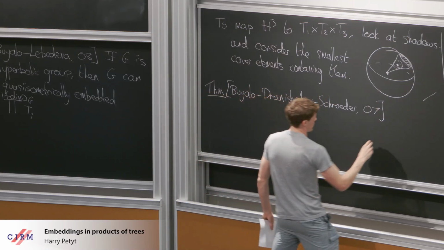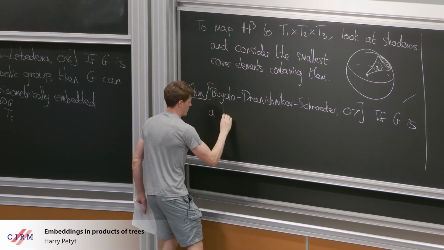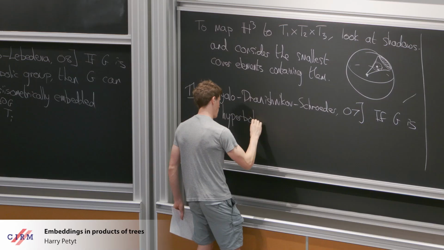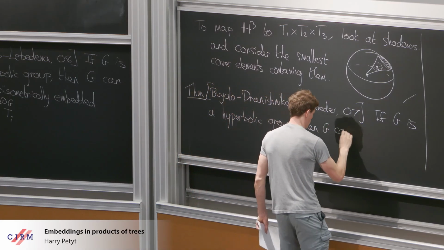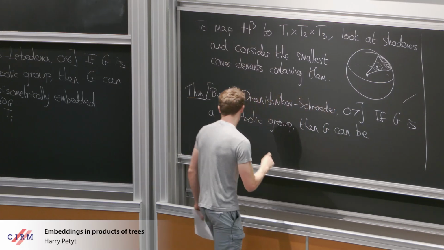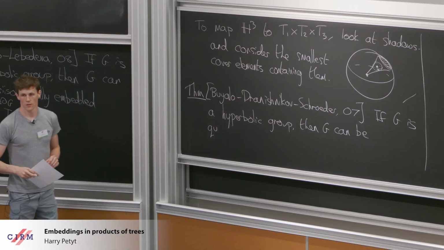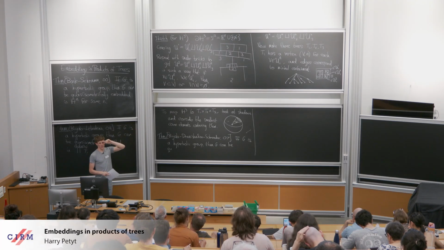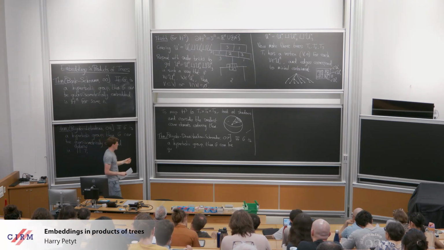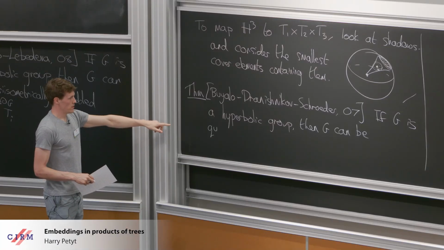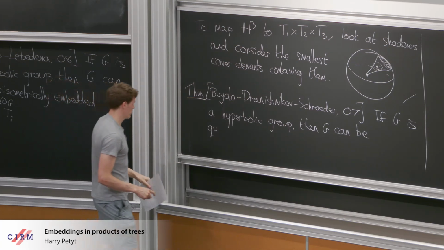But they proved that if G is a hyperbolic group, then G can be quasi-symmetrically embedded in a product of the same number of trivalent trees. So the trees that we had here were infinite valence, but you can actually do it with all the trees being regular trees. So equivalently, the hyperbolic group quasi-symmetrically embeds in a product of free groups, the correct number of free groups.